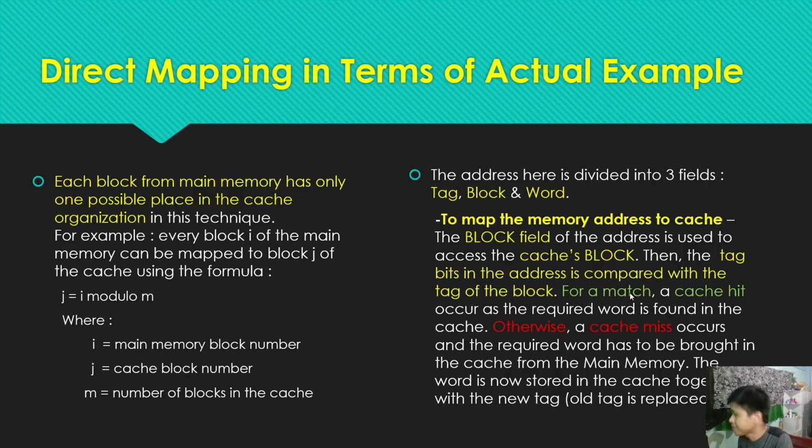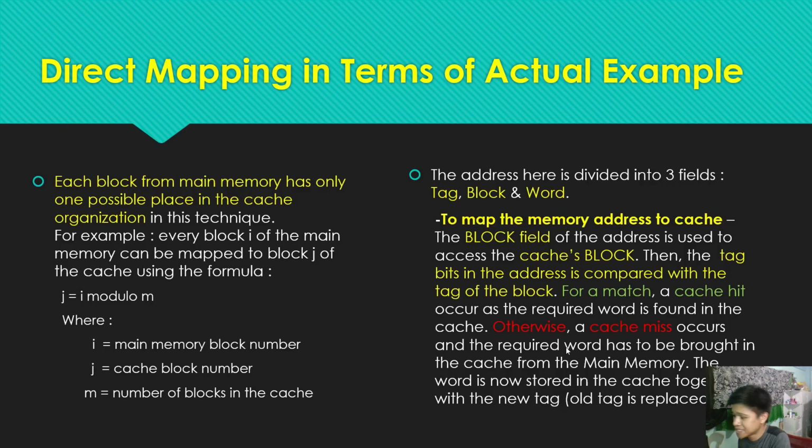For a match, a cache hit occurred as the required word is found in the cache. So if there is a match, then it's called a cache hit. Otherwise, a cache miss occurs and the required word has to be brought into the cache from the main memory.